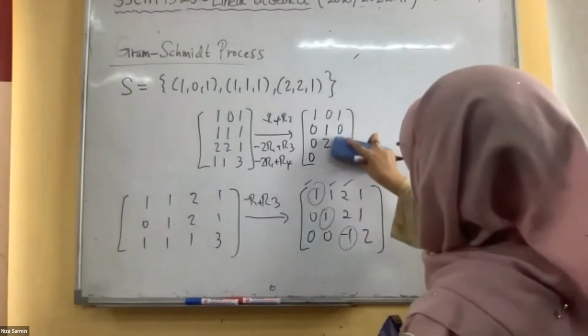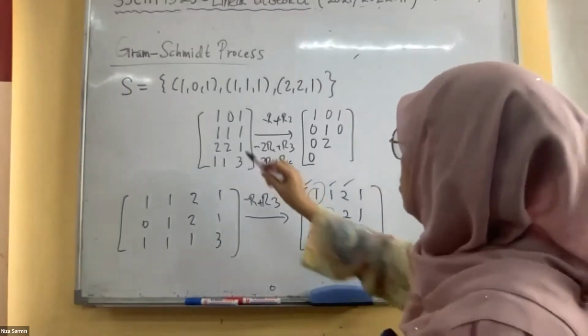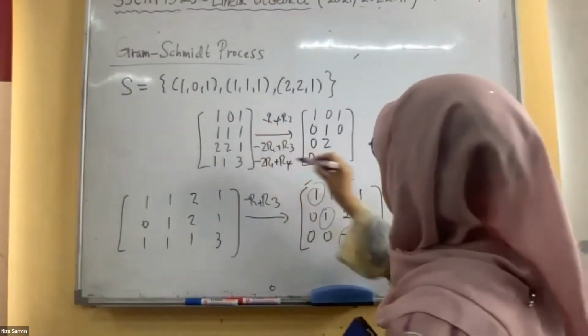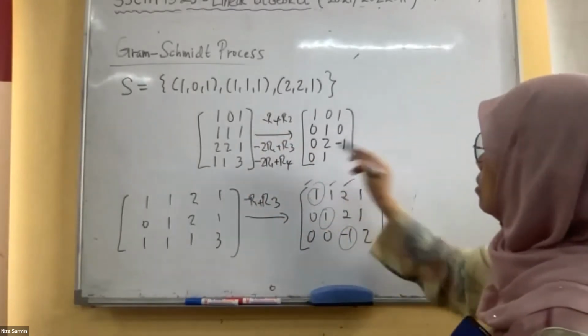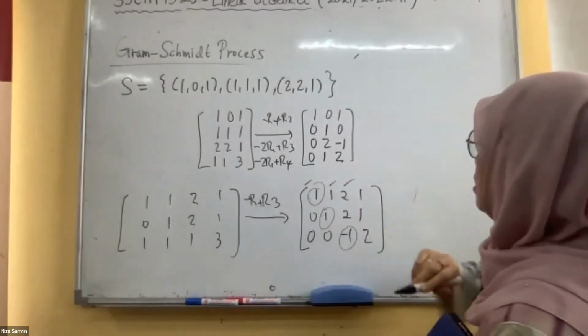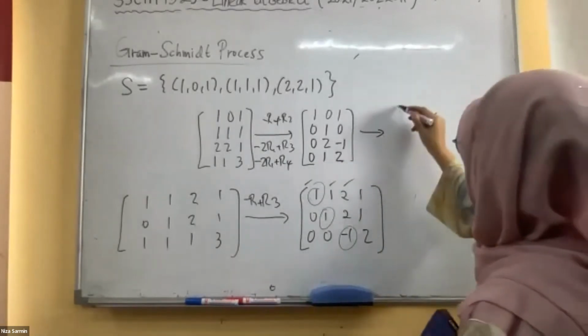What is this? Wrong. Negative 2 and add, negative 2 and add. Okay. Then one more.